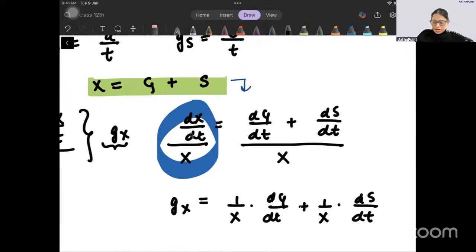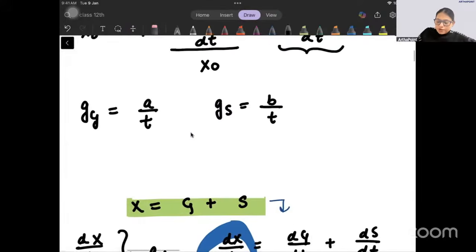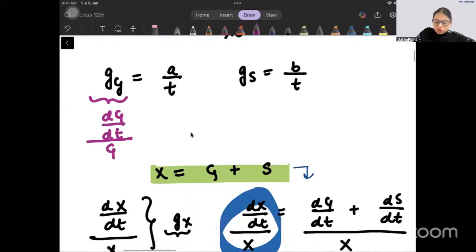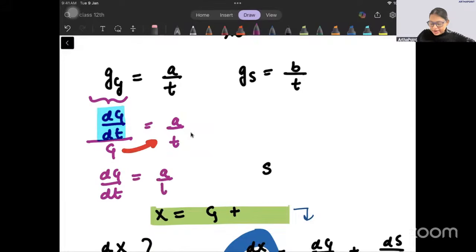ठीक है. I know that the growth rate of only good is given as a by t. माने I know that dg by dt divided by g, सिर्फ growth rate of goods जो है वो मुझे a by t दिया हुआ है. So if I have to find the numerator dg by dt, I can take this here. It will become a by t into g.